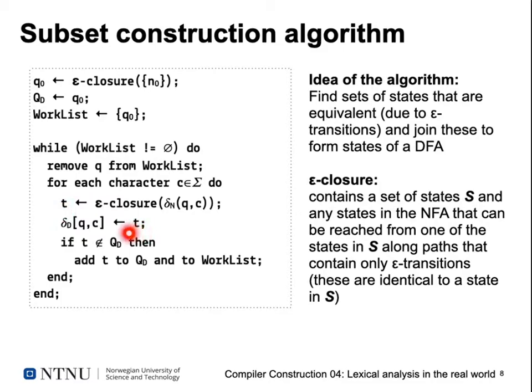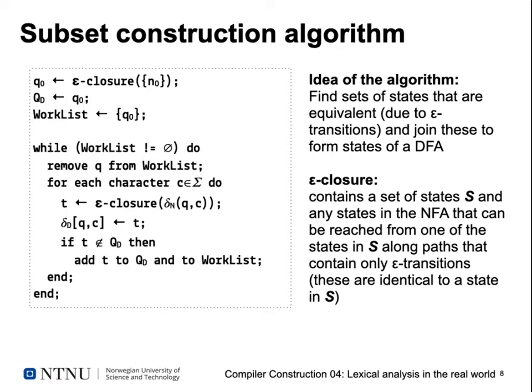And T is then part of our new transfer function, our delta function, going from Q, our state we just removed, reading our character C. Now, if that T wasn't part of Q0 already, we add T to Q0 and to the work list because we have added something new to our work list here.